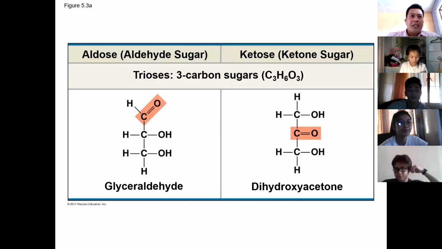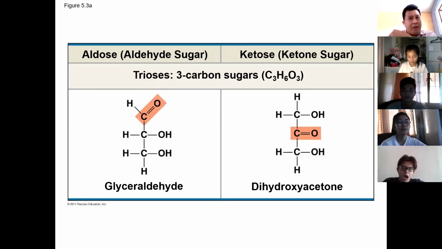So we have a three carbon sugar known as triose with the addition of an aldehyde. Aldehyde is the carbonyl bond, C double bond to O. The hydroxyl is replaced with a carbonyl. Notice the one with the highlight. That is an aldehyde.